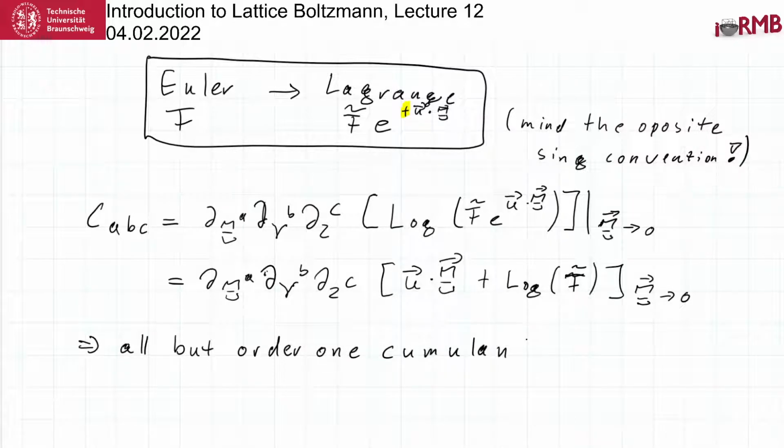The velocity, the frame of reference, should only influence the velocity and nothing else. So all but the first order cumulants are frame independent. This is very important. This makes the entire thing Galilean invariant.